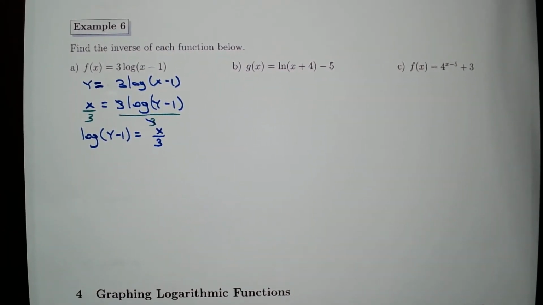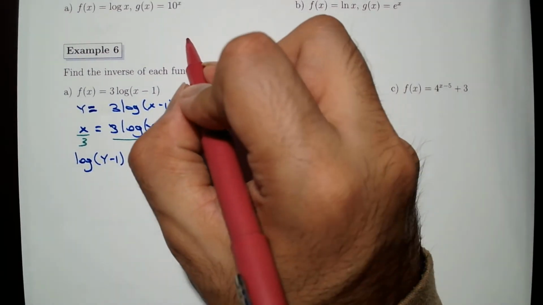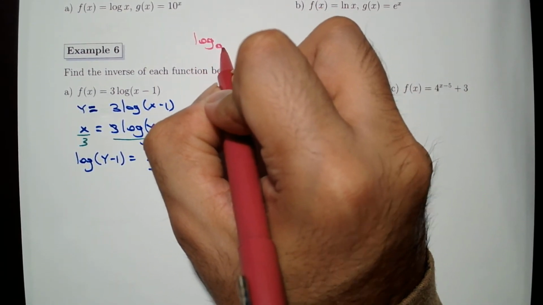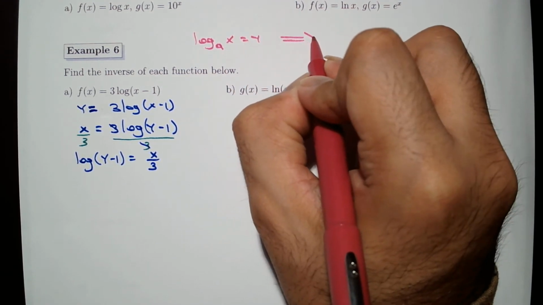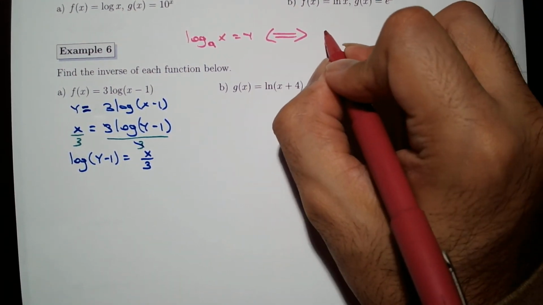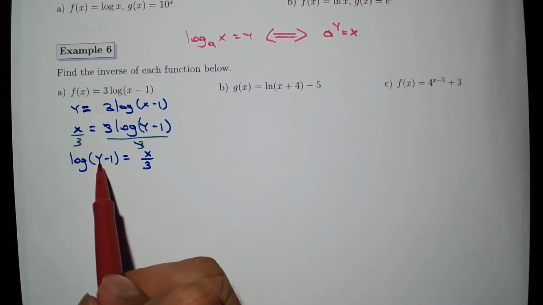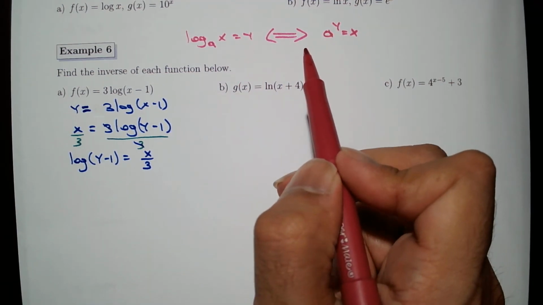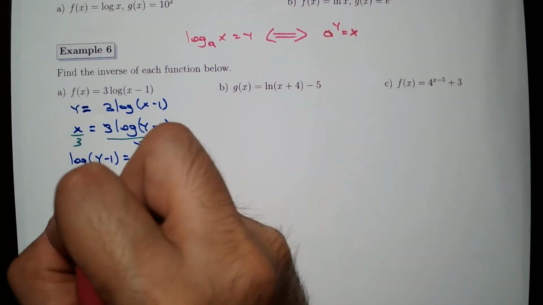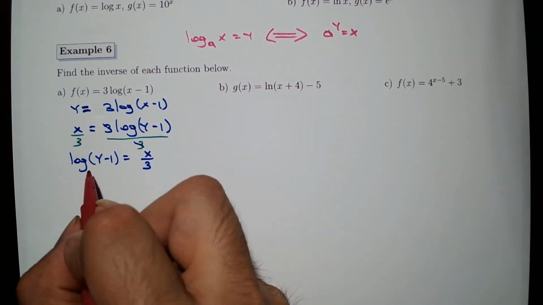If we recall, let me write down the property at the top. The connection between logarithmic and exponential functions: log base a of x equals y if and only if a to the y equals x. So in this case, our x is the y minus 1 and the x over 3 is our y. I'm going to write the base, which is a. However, when there is nothing in the subscript, it's supposed to be a 10.